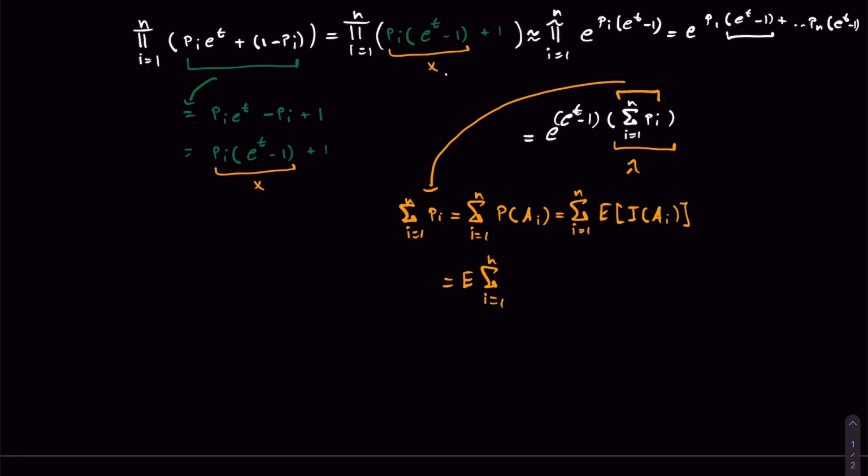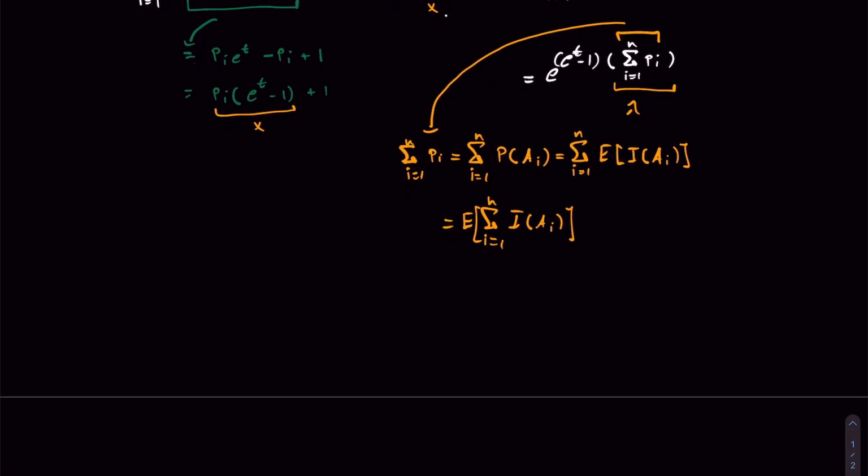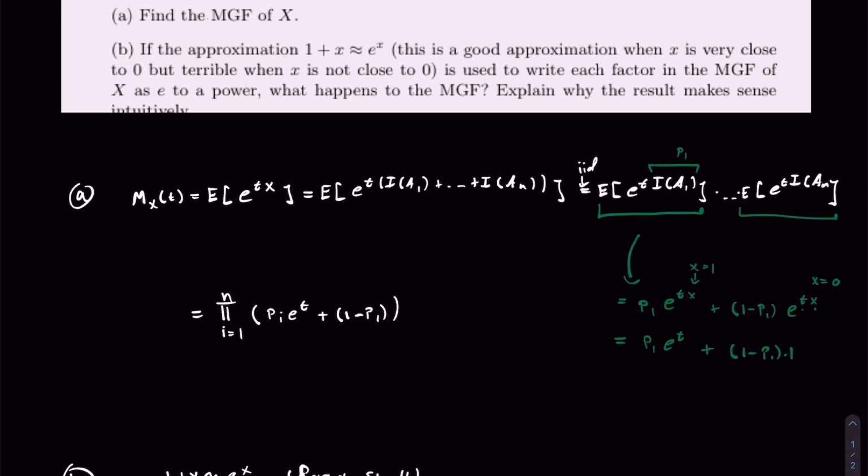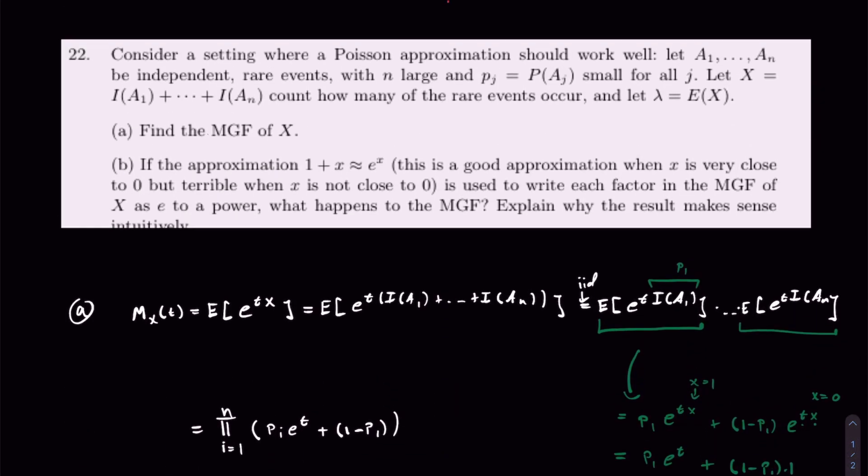From i=1 to n. Now we have all these indicators like this, and we're taking the expectation over this whole thing. Now, we also defined this whole sum as X, and that was given in the beginning here.